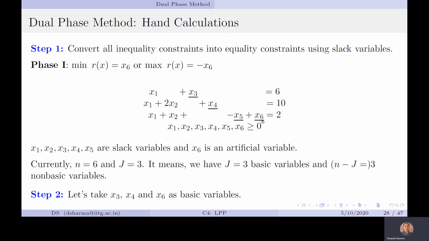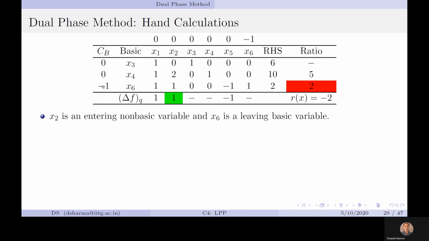One is x6, which is artificial. So as and when you have any artificial variable in an equation, that should be taken as basic at the starting. Why? Because we will start by taking x6 as basic, and iteration by iteration, we will make x6 non-basic. We'll see how. So for this reason, we are taking x3, x4, x6 as basic variables.